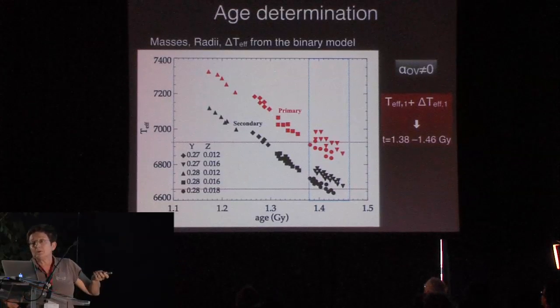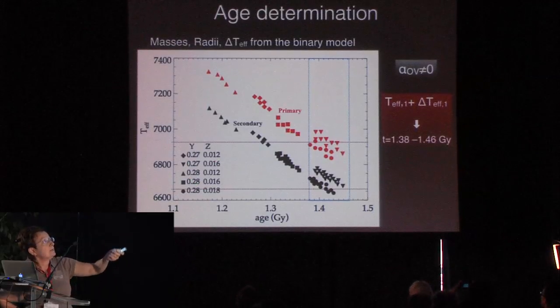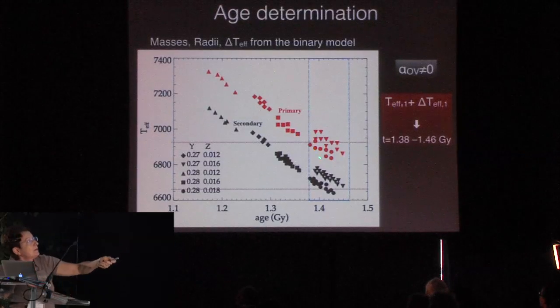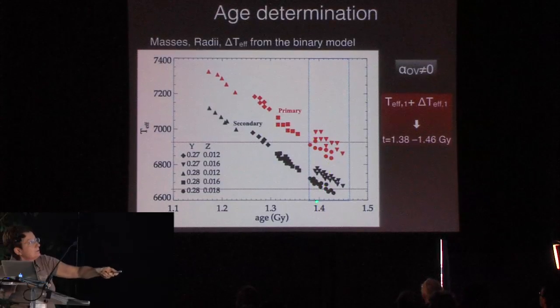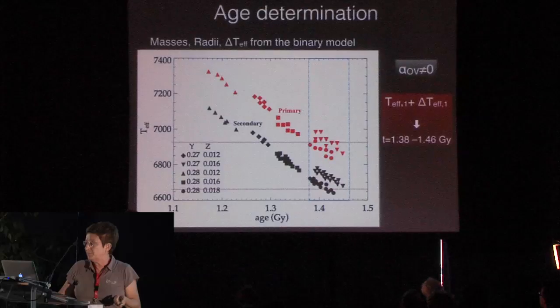And we kept only the models that were respecting this, with different chemical compositions. Then if you take from spectroscopy the temperature of the primary, you are left with this group, primary and secondary. So this is the age of the system. Not quite simple, the classical system.